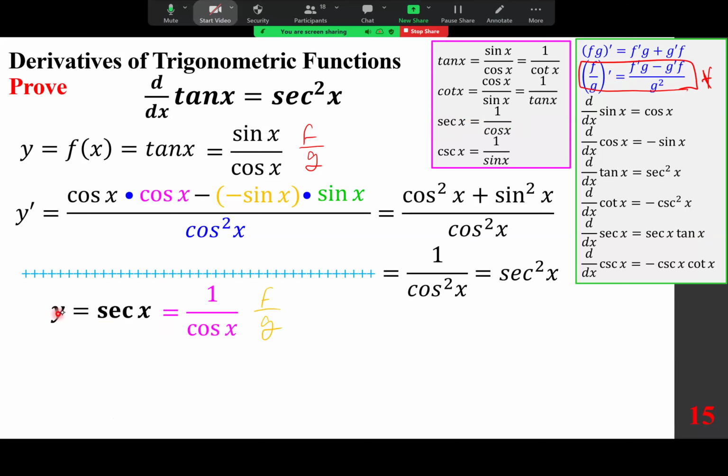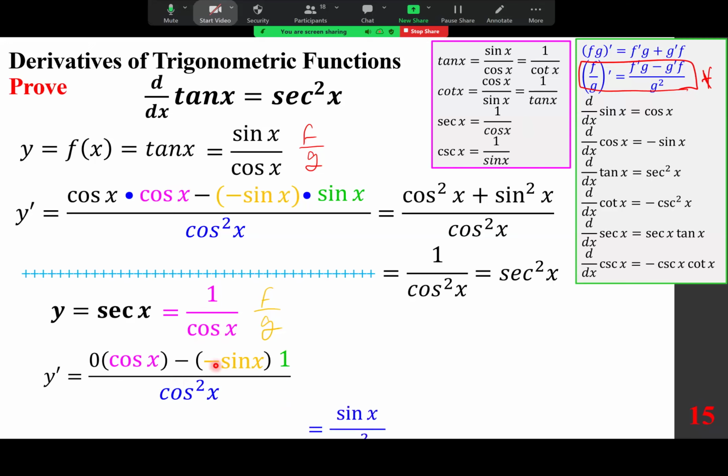In other words, f of x is 1, g of x is cosine x. So we're going to need f prime, which is 0 since any number results in 0 when you differentiate, times g, which is cosine x, minus g prime, the derivative of cosine is negative sine, times f, which is 1. And you just write the bottom squared, cosine squared. So this goes to 0, and this goes to plus sine x.